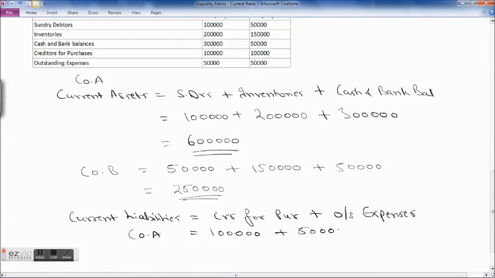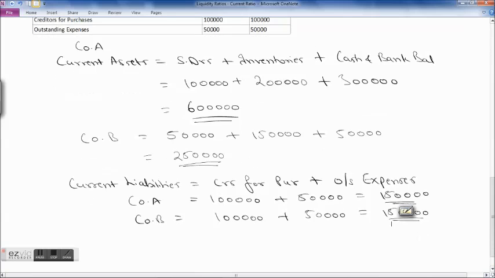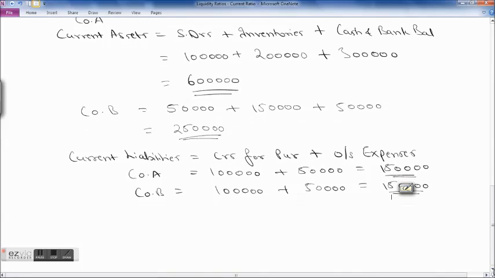So 1,50,000 is your current liabilities. For company B, creditors for purchase is 1 lakh plus outstanding expenses 50,000. So 1,50,000. Right? Now let's calculate how much is the current ratio.